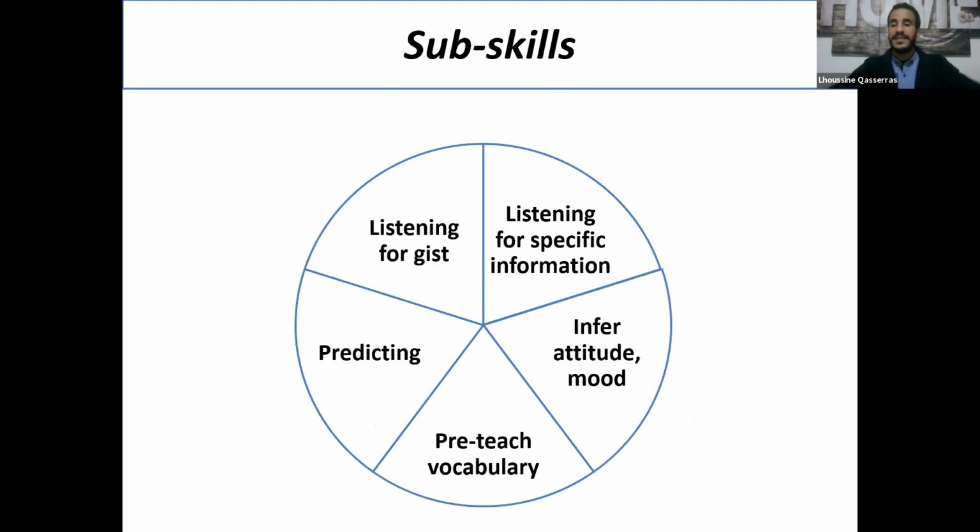Good. Now, let's go back to the sub skills. They are somehow very similar to reading sub skills. So we have listening for gist, listening for specific information, inferring attitude, mood, pre-teaching vocab, and prediction. So my question: we have three stages, the pre-listening, the while listening, and the post-listening.